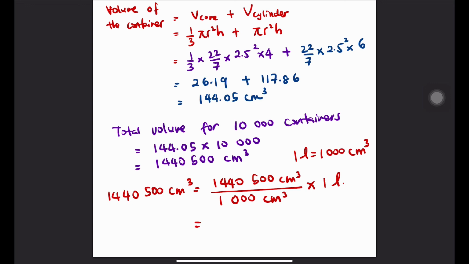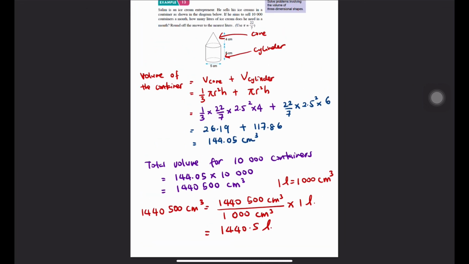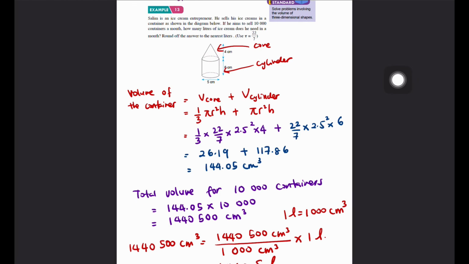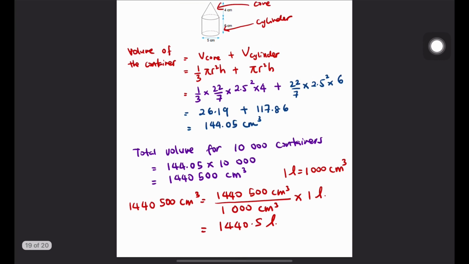Press the calculator, which gives us the answer 1440.5 liter. Which means, in order for Salim to sell 10,000 containers in 1 month, he needs 1440.5 liter of ice cream.